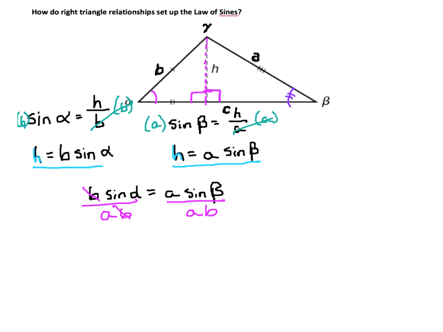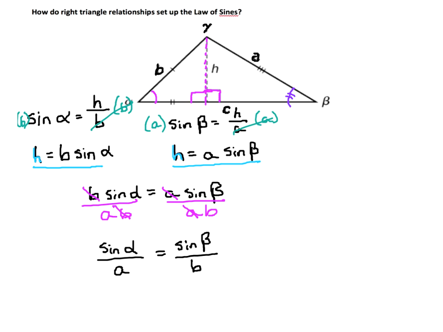This is just to get the same side with its corresponding angle. And here my B's divide out, here my A's divide out, and I get the relationship that the sine of alpha divided by its corresponding side is equal to the sine of beta divided by its corresponding side.